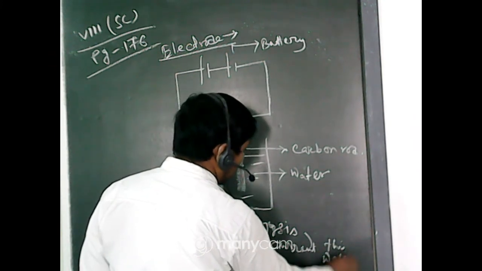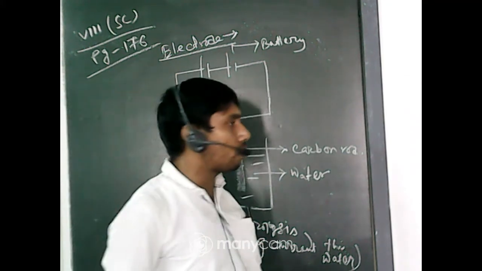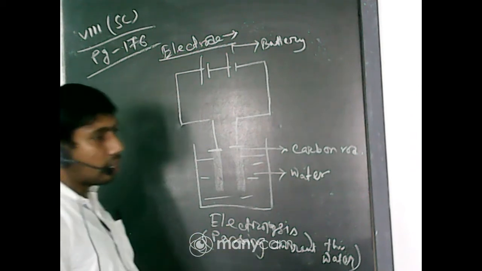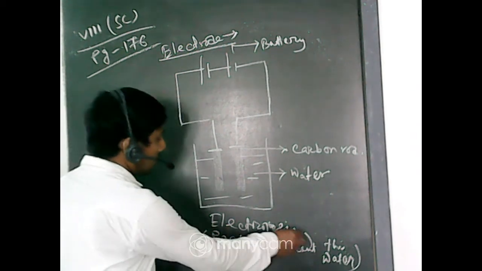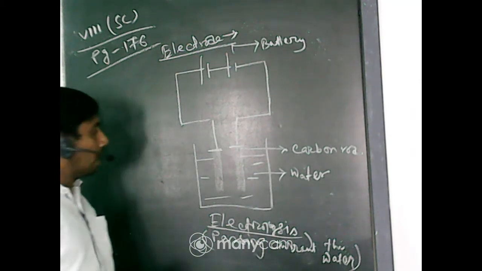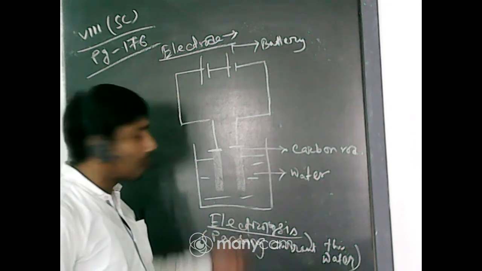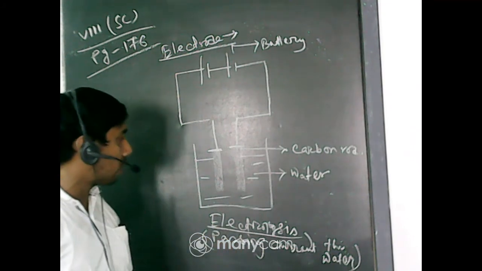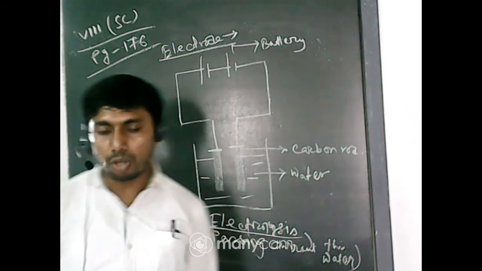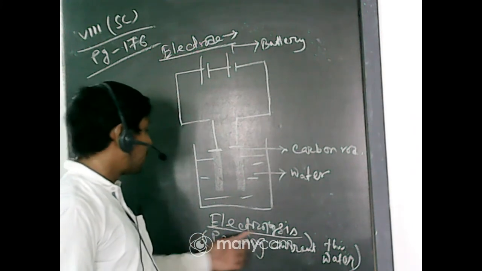As water is conductive towards electricity, here the phenomenon that occurs is called electrolysis, because it is the dissociation of any substance, especially liquids, by the use of electric current.